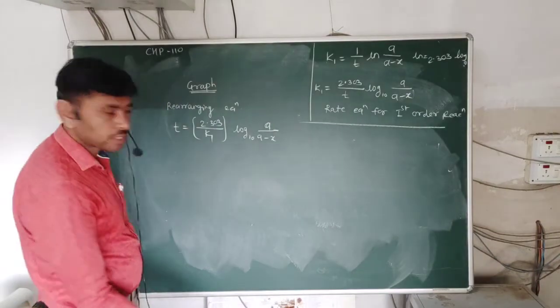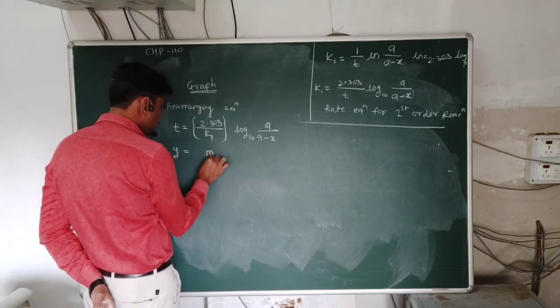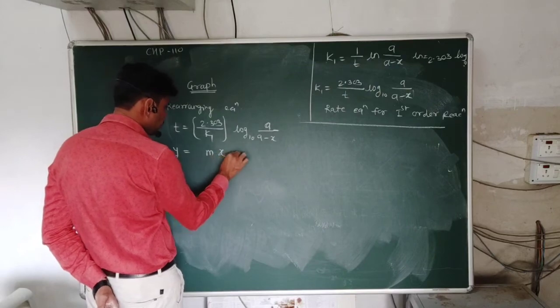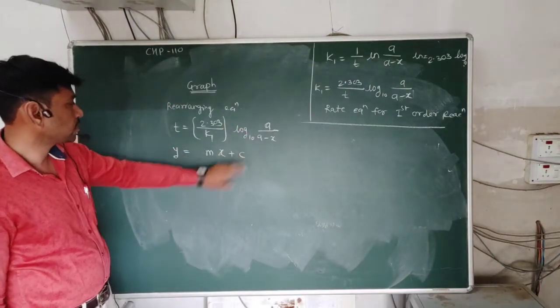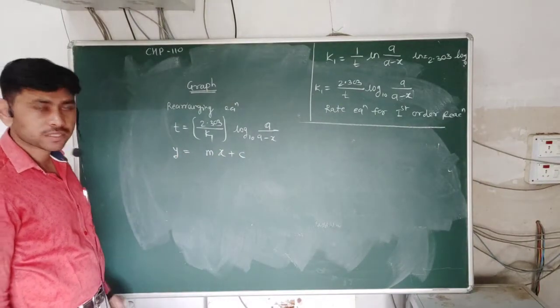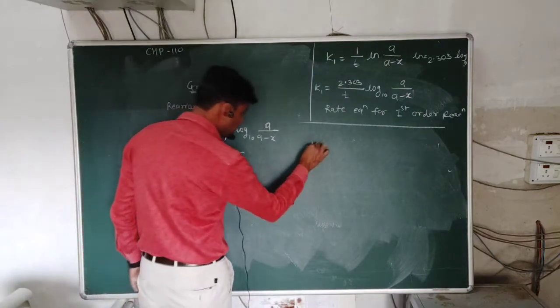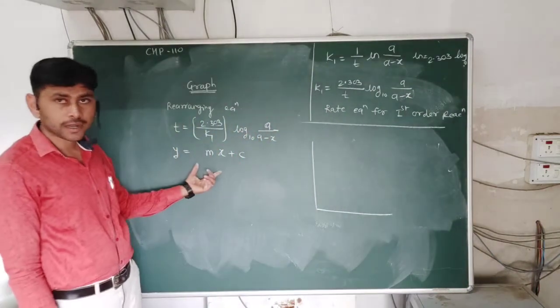Comparing this equation with y equal to mx plus c, there is no intercept in this case. So we obtain a straight line, because it follows the equation of a straight line.